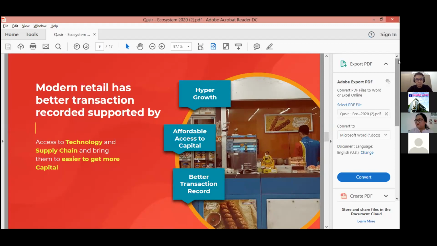So if we have better transaction records, we have affordable access to financial capital, and it will entail hyper growth in our business. That's why modern retail is growing rapidly, with very improved numbers in Indonesia. So we believe we need to help MSMEs have better transaction records. The key is having better transaction records. Okay, next please.